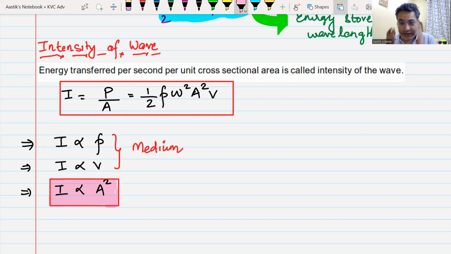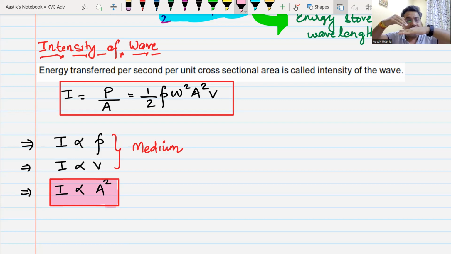Now, once you change the medium of the wave, rho and v will change, and therefore intensity will change. Yes, sir. How will you change the amplitude of the wave? This is a traveling wave striking a boundary between two mediums.